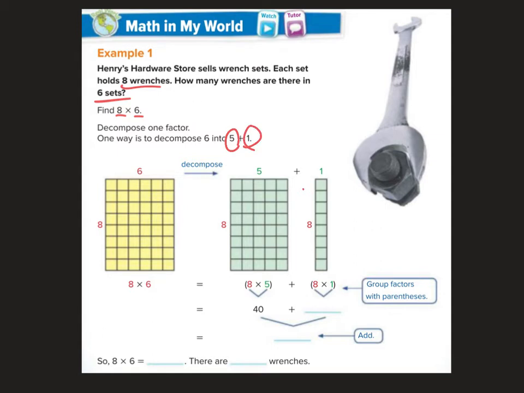Okay, so instead of doing 6 times 8, maybe you don't quite know that one, we could do 8 times 5 plus 8 times 1 if we break 6 into 5 plus 1. Okay, so 8 times 5 is 40. 8 times 1 is 8. 40 plus 8 is 48. So 8 times 6 is 48, and there are 48 wrenches in 6 sets.